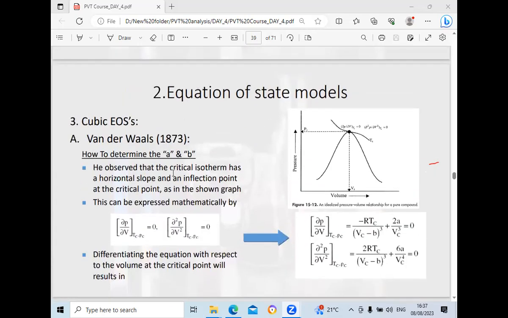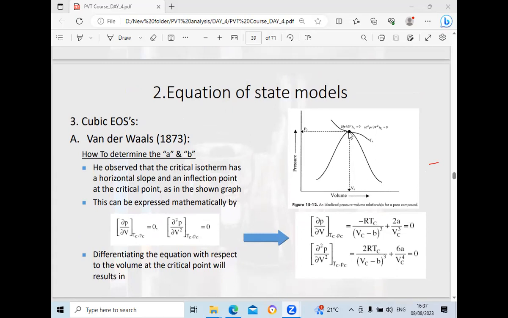All right. So during this experiment, van der Waals realized that when you plot a graph of pressure and volume for a particular fluid, all of them follow this particular pattern. From your basic concept of mathematics, this is a turning point, called the maximum point.